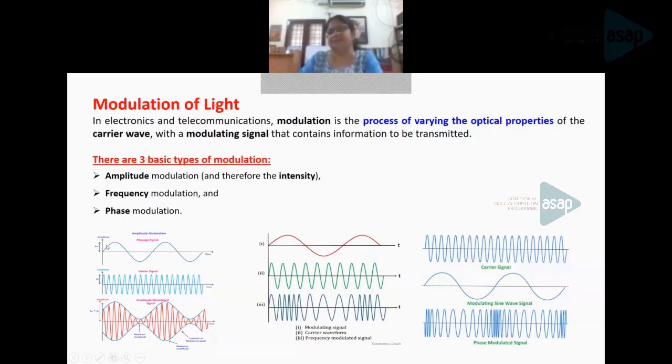So this is our message signal data, and this is our carrier signal. When you encode this data information in the carrier signal, you will get either amplitude modulated or frequency modulated or phase modulated signals, depending on the procedure. Okay, so here you can see the variation in amplitude. Here you can see the frequency variation with time, and here you can see the phase variation.